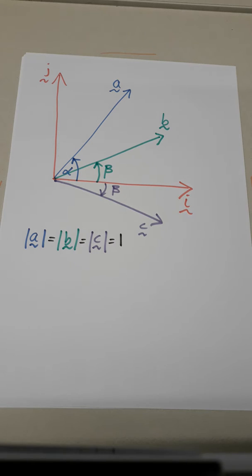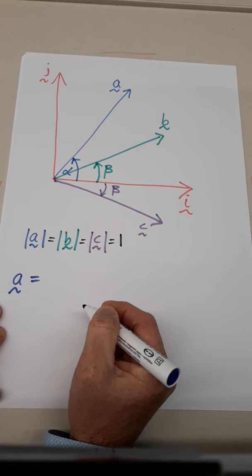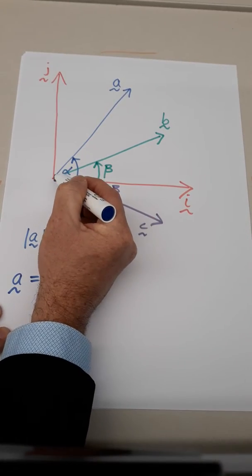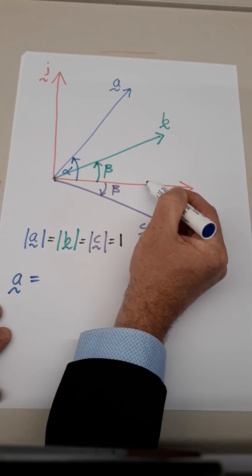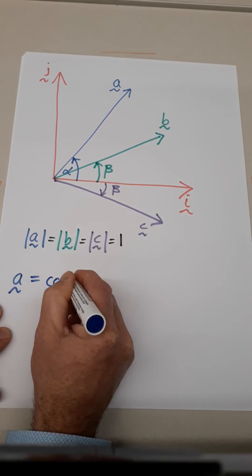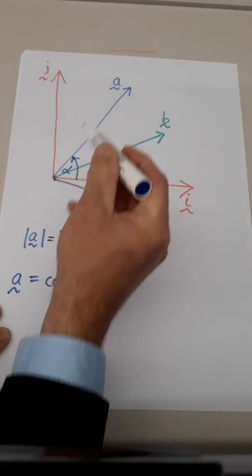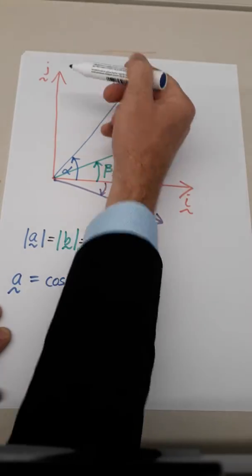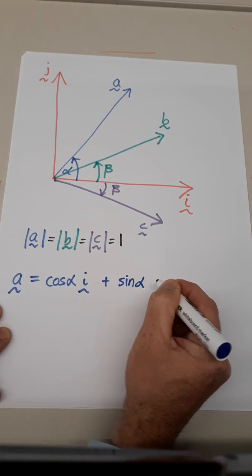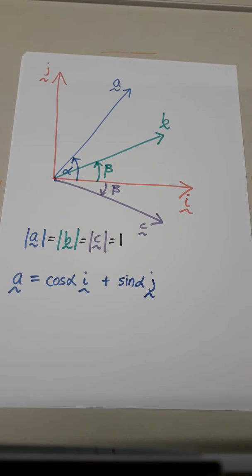So vector A is equal to. Now, we want to know how much of A is in this direction across here, and that'll be cos alpha times I, and how much of vector A is in this direction up here, and that'll be sine alpha times J. So that's pretty straightforward.